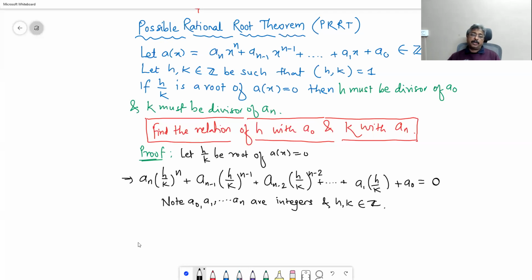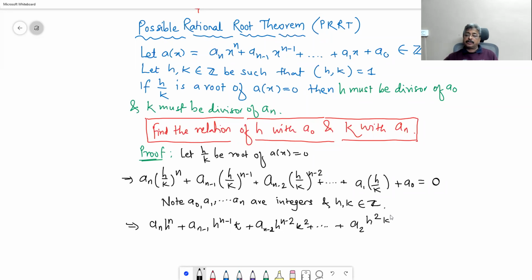So if we multiply throughout by k raised to n, we get the denominator-free expression: an h^n + a(n-1) h^(n-1) k + a(n-2) h^(n-2) k^2 + ... + a2 h^2 k^(n-2) + a1 h k^(n-1) + a0 k^n = 0 times k^n, which is 0.